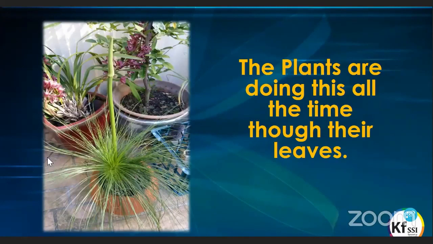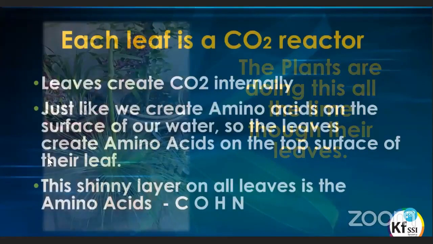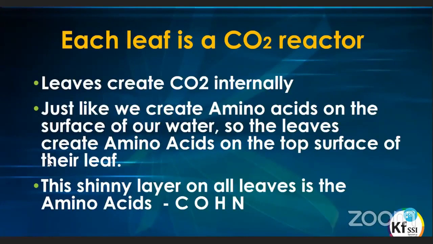And now we can also produce our own CO2 GANs. We've got to look at each leaf as a CO2 reactor. So the leaves are creating that CO2 internally. Just like we create the amino acids on the surface of the water, so the leaves create amino acids on the top surface of their leaf. And the shiny layers on all the leaves is your amino acids. So we'll explain that as we go on.